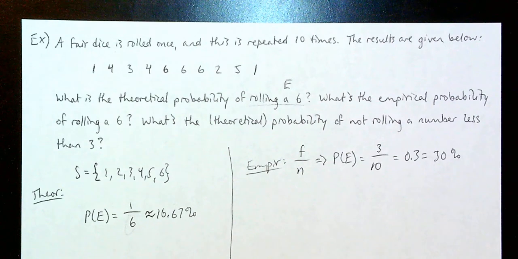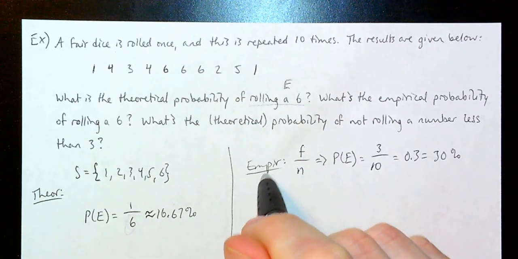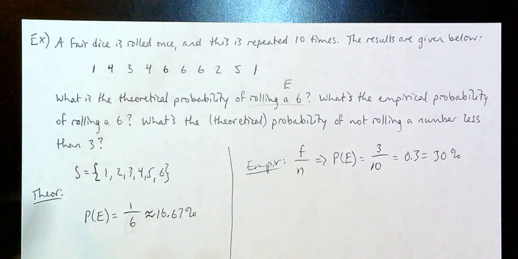So as the number of trials increases, empirical probability gets closer and closer to theoretical probability.